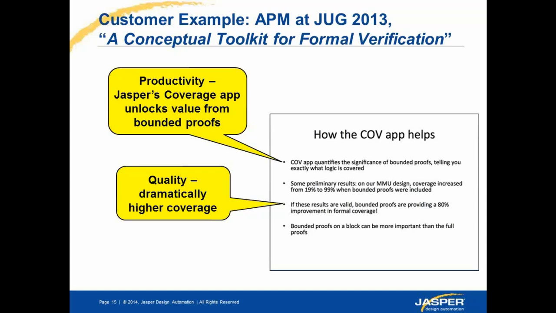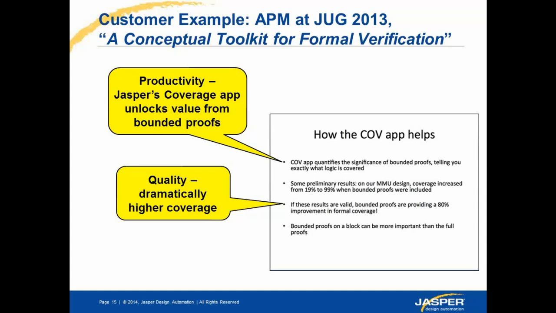He was really surprised, asking why this was happening. Then we suggested he add the bounded proof coverage to the Proof+COV metric. When he did that, his coverage improved to 99%.